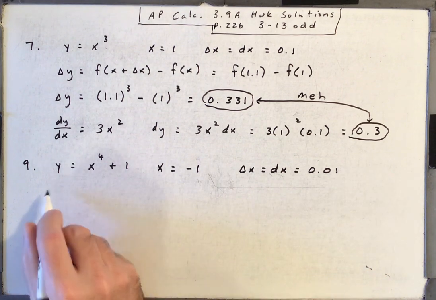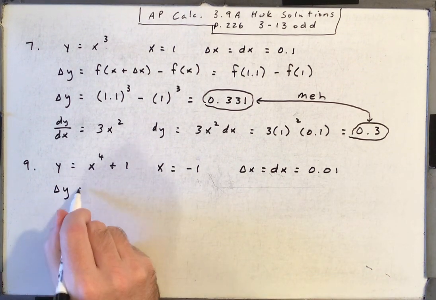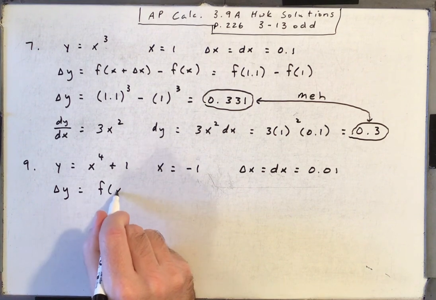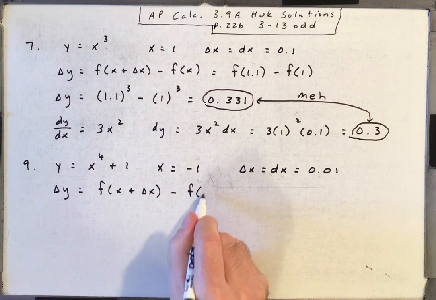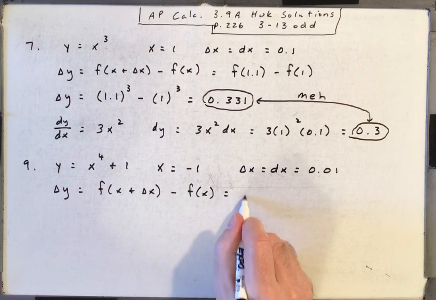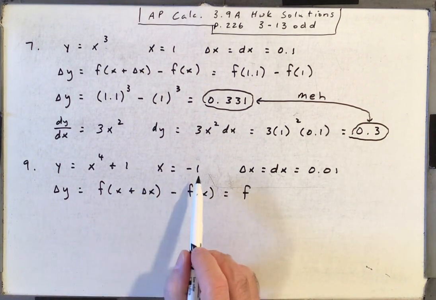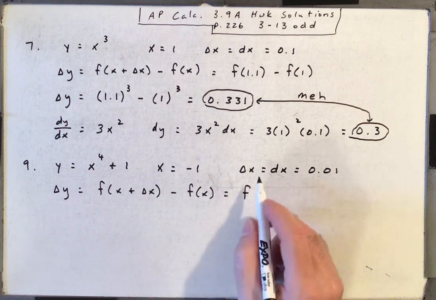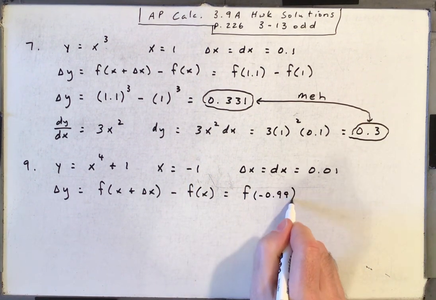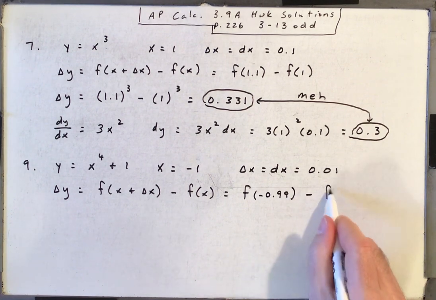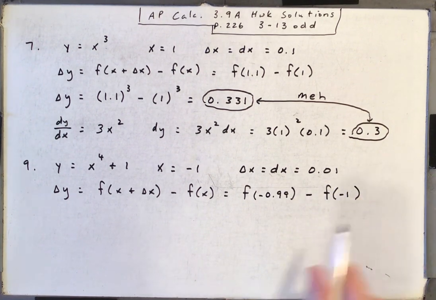All right, delta y is equal to, again, f of x plus delta x minus f of x. That's going to be f of x plus delta x, -1 plus 0.01. That would be -0.99 minus f of -1.